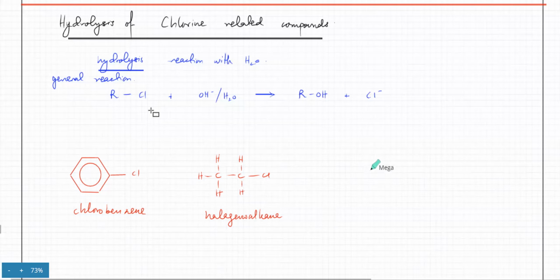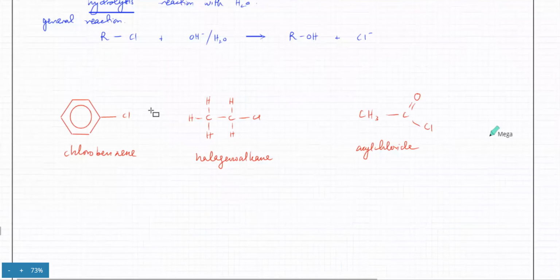That is a carbon chain, let's say CH3, with an acyl group. It's C double bond O and Cl. So that is what an acyl chloride is. This is the comparison that has to be done.